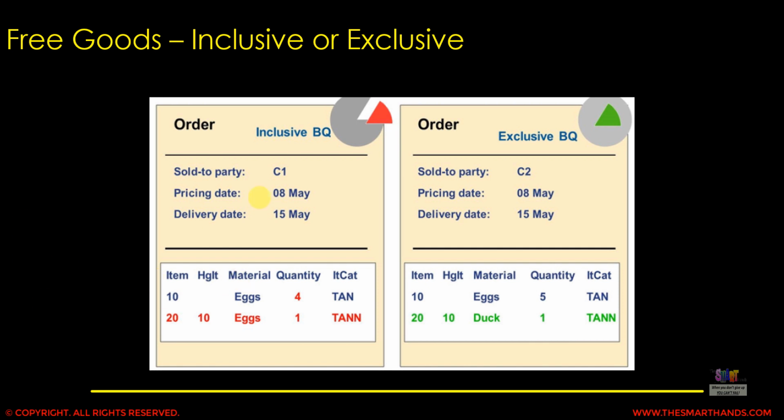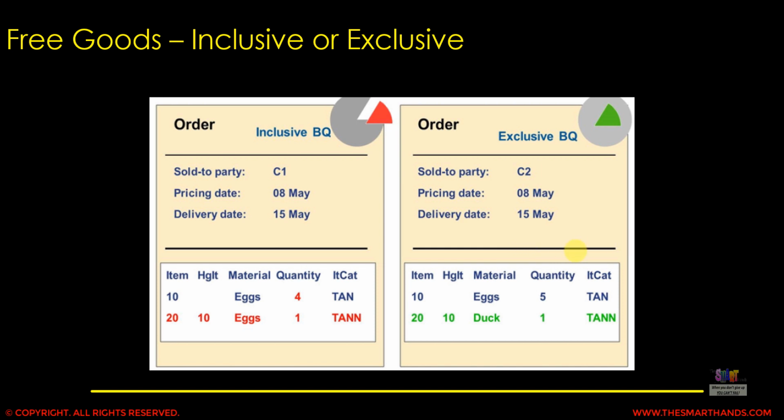So the system changes 5 to 4 automatically and makes one free. Even if you enter the quantity as 10 or 20, it will do it on the proportional quantity.